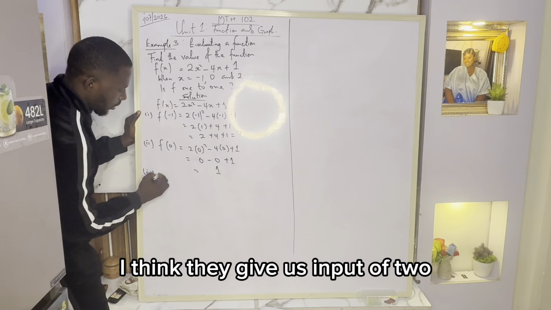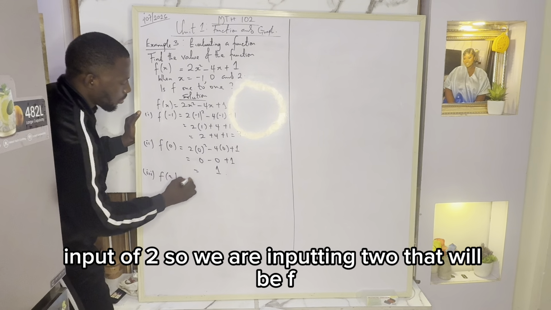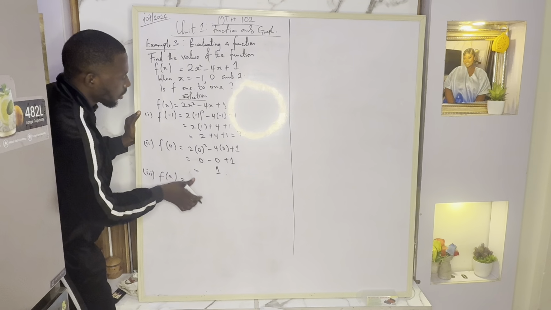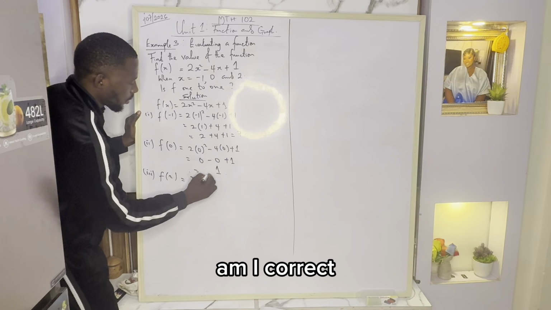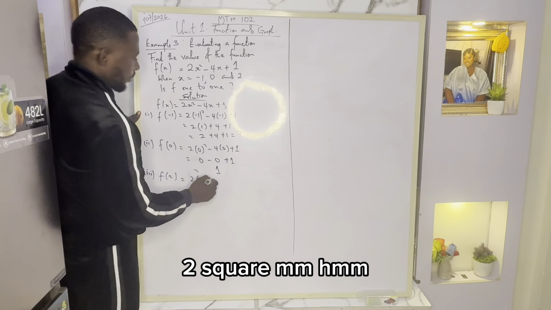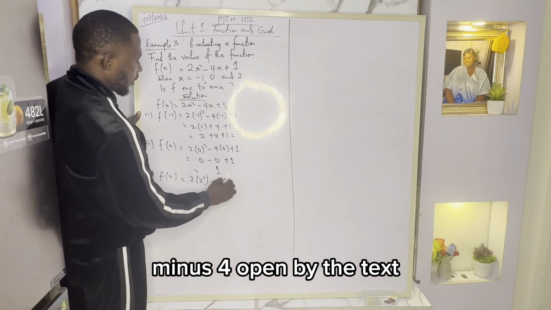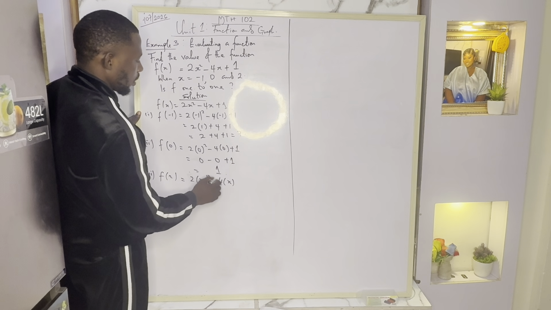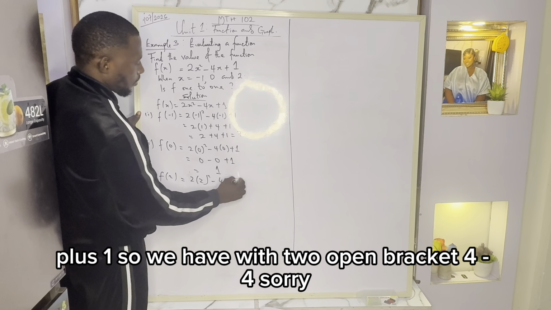Let's check the third one. They give us an input of 2. So we are inputting 2. That will be 2 open bracket 2 squared minus 4 open bracket 2 close bracket plus 1.